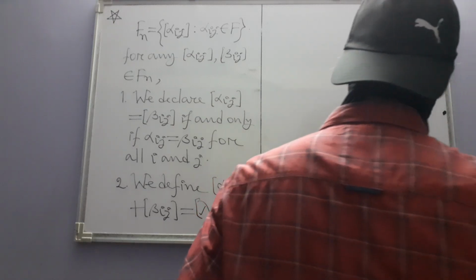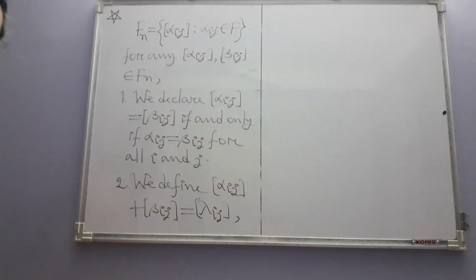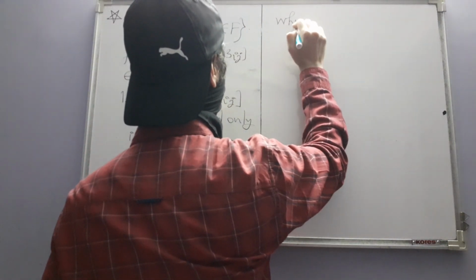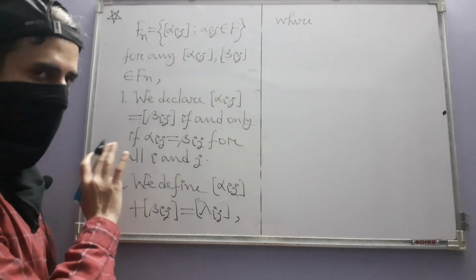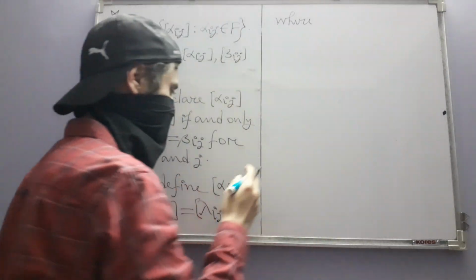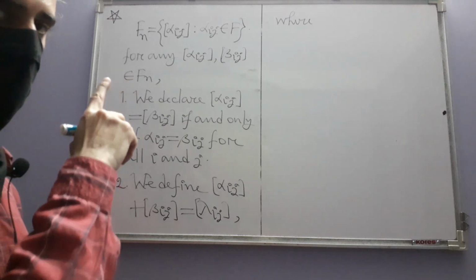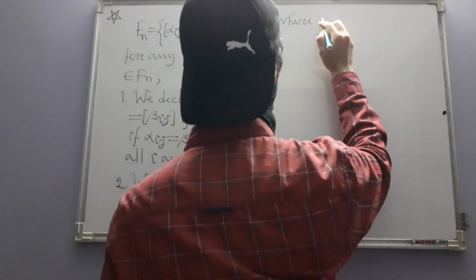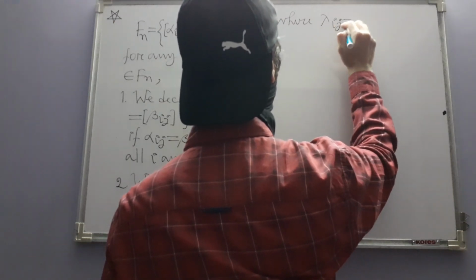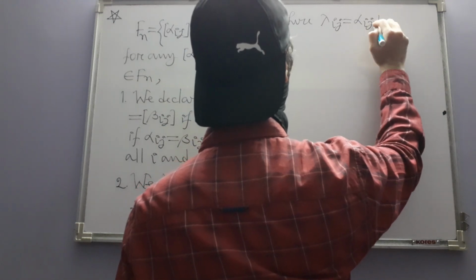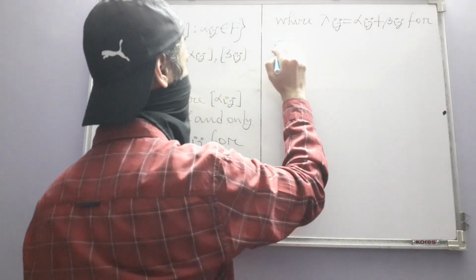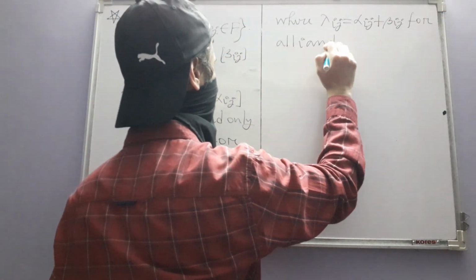Once they are defined, then only we can use matrix addition, multiplication, those things. Where previously these things were not available to us in this book, although we did use matrices in some examples before. But other than that, formally this is the first time they are being defined, where lambda ij is alpha ij plus beta ij for all i and j.